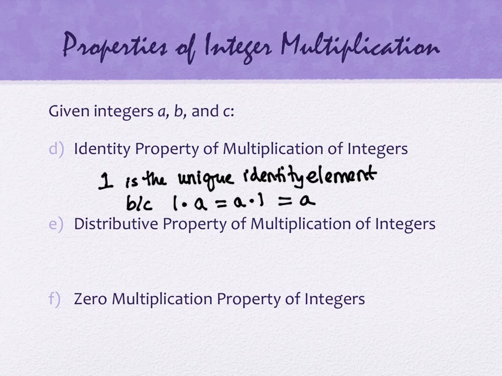We have the distributive property of multiplication of integers, and this property says that if we have a number A and it's being multiplied by a sum or a difference, so B plus or minus C, then this is the same thing as A times B plus or minus A times C. And while it works from the front end, it also works from the back end.